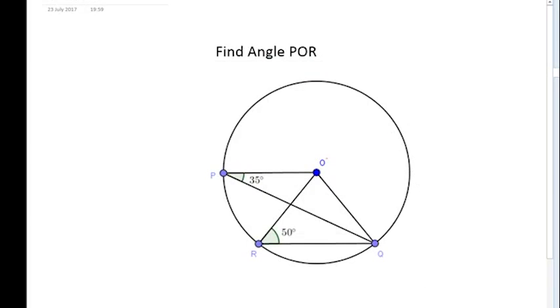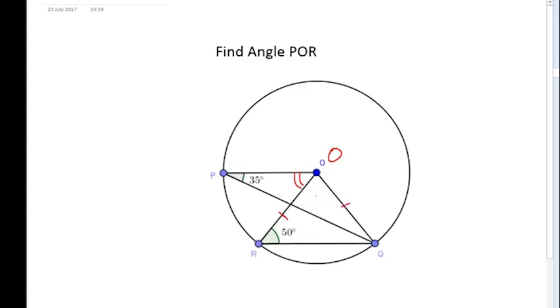O is the center of the circle that we have. So you have a center here, and we have to find this angle. We have been given two angles here. This is 35 degrees, this is 50 degrees. Now we have to identify what we can do. So how will we go about it? We know that this is the radius. So this is also the radius.